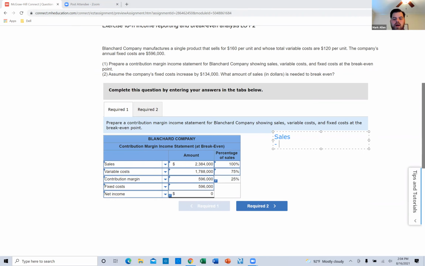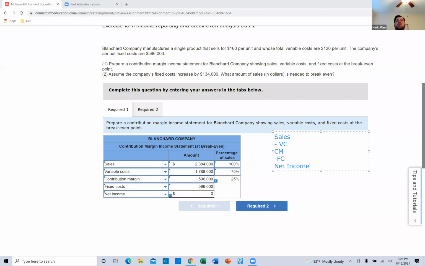So why are they getting away with calling it net income? Well, what they've asked me for is what's called a contribution margin income statement, a break-even income statement, which means we're doing this where net income is 0. And if net income is 0, then pre-tax income was 0. So then I can say that pre-tax income equals net income, and I can get away with putting either title here. In this case, we're going to select net income for that bottom number.